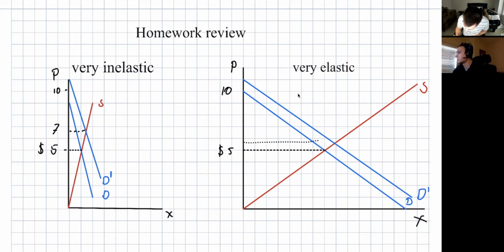But here, this would be around here, which would be not even more than $6 in this case. So when the curves are very inelastic, changes in demand and supply affect the price way more than when the curves are elastic. So this is basically the whole problem. And also they start off at the same price of $5.